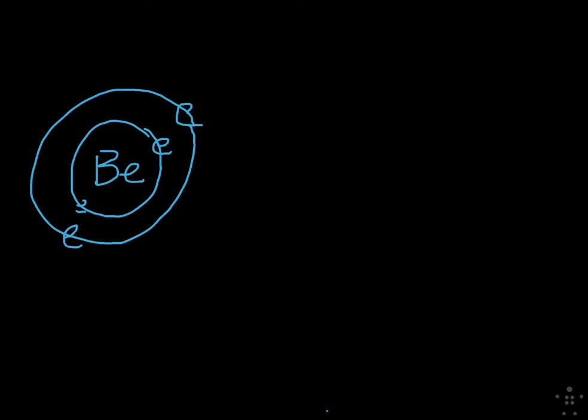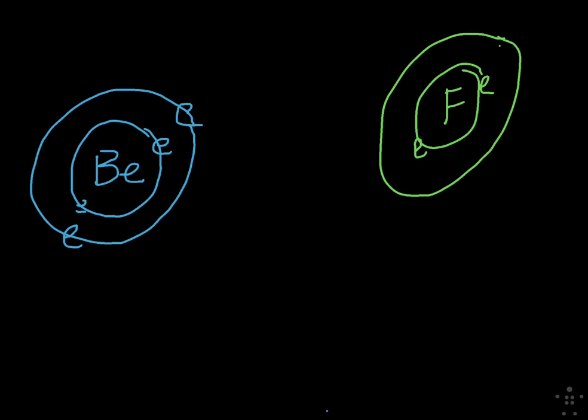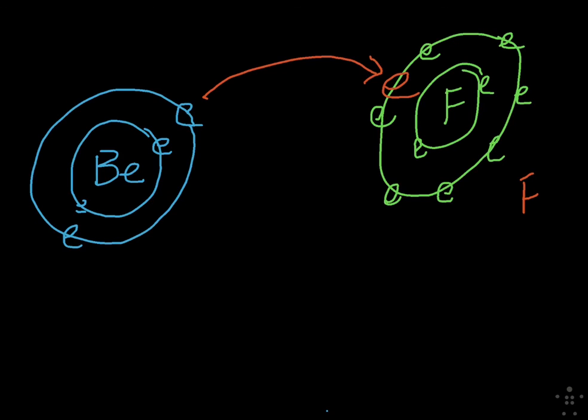So the question is, how is it going to bond with fluorine, which we know has these 2 and these 7? Well, seems pretty simple, doesn't it? Beryllium wants to get rid of them, fluorine wants to take them. So one of them just goes right in there. So now fluorine is negatively charged, but beryllium didn't get rid of both of these. It still has 1 in the outer shell, so beryllium's still not happy.